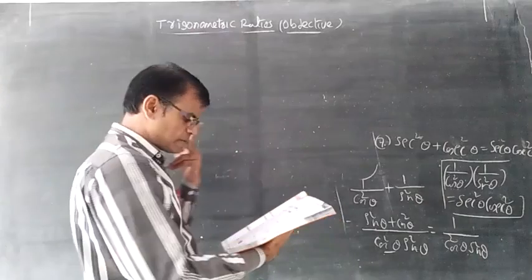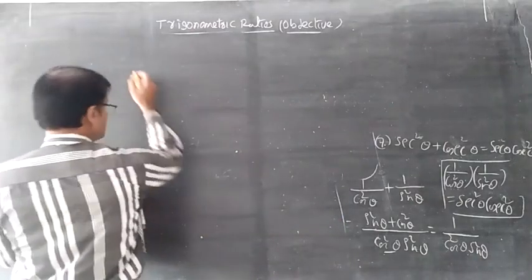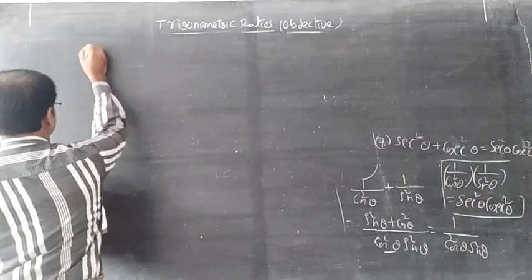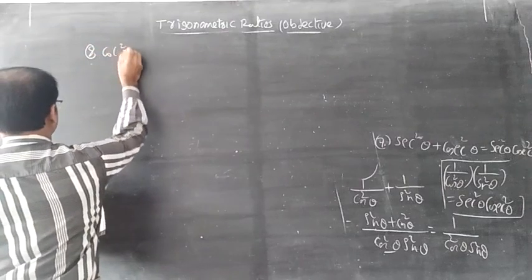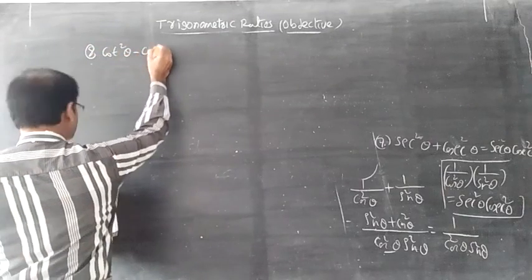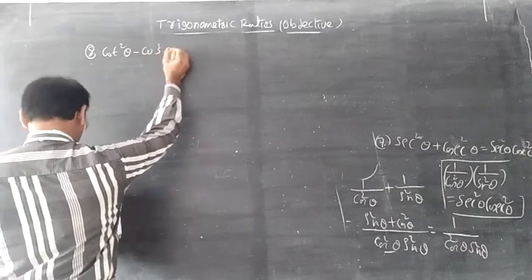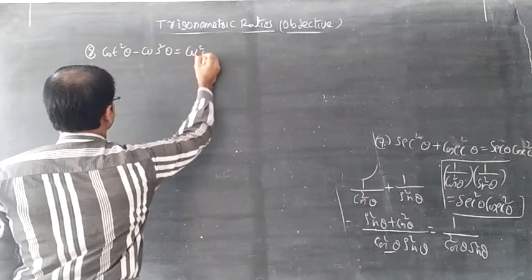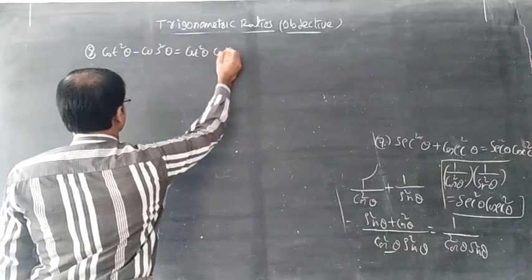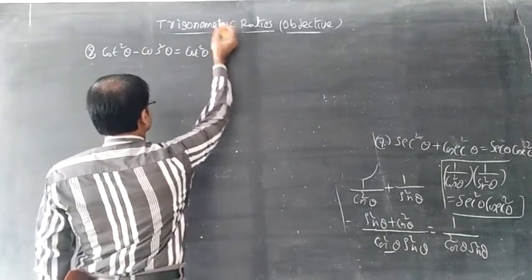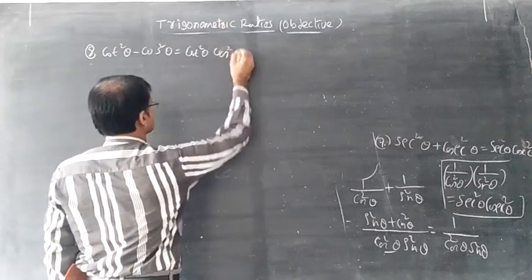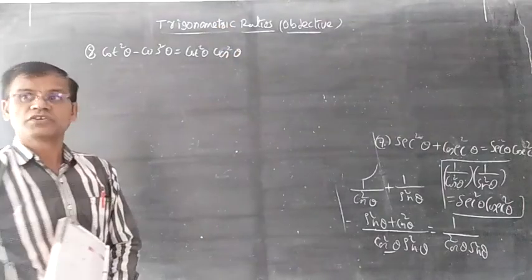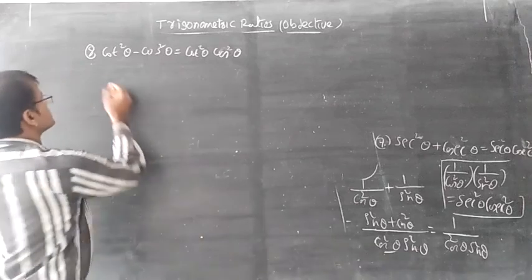Next, the 8th one: cot square theta minus cos square theta is equal to cot square theta into cos square theta. Is it possible?